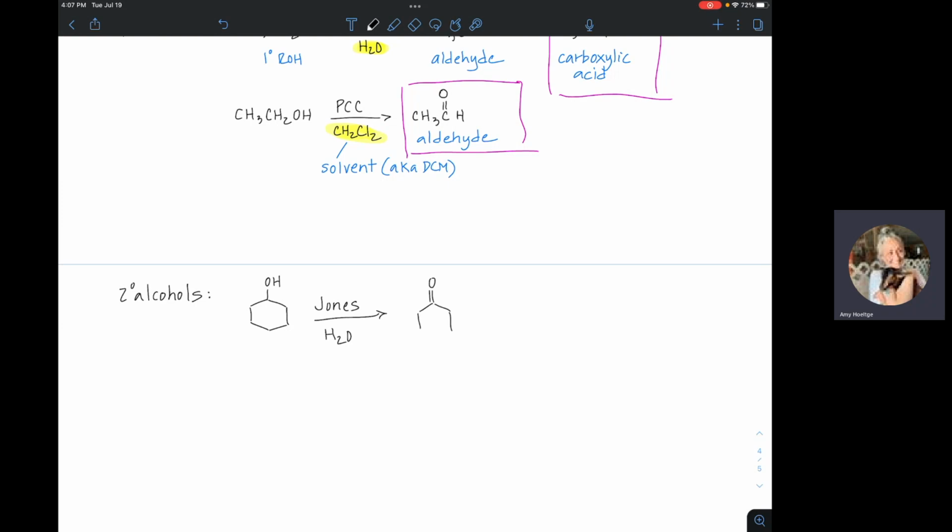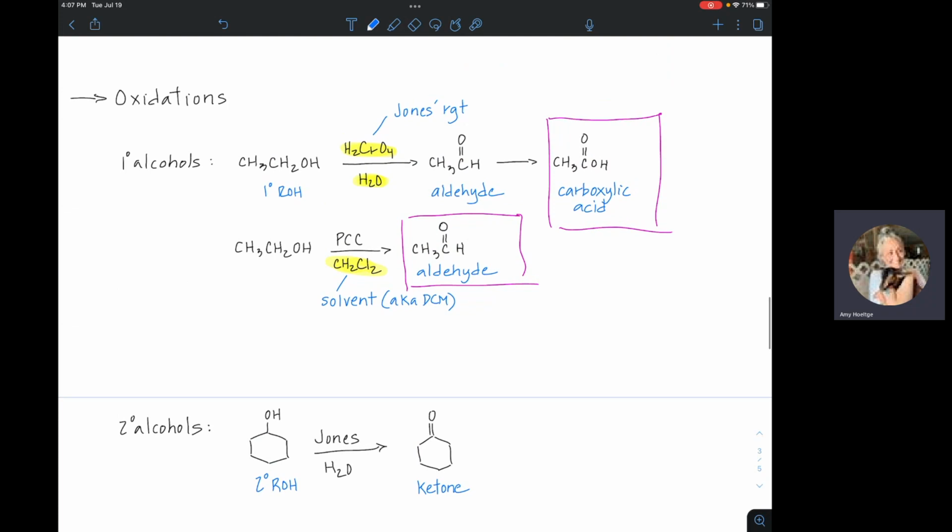You can't get a carboxylic acid, and you're not going to get an aldehyde because you have a secondary alcohol. You will get a ketone. So the oxidation of a secondary alcohol will give you a ketone.